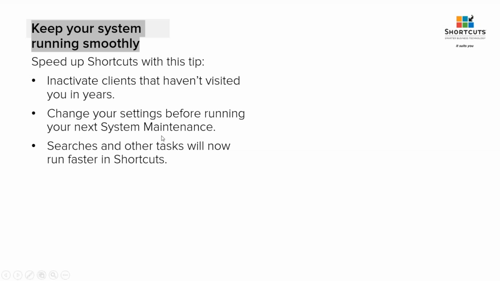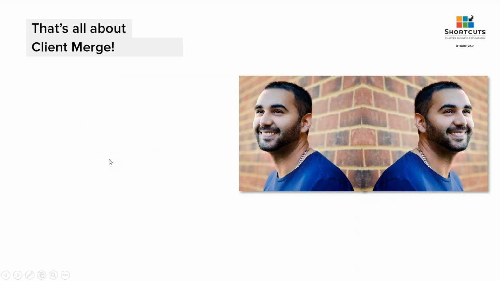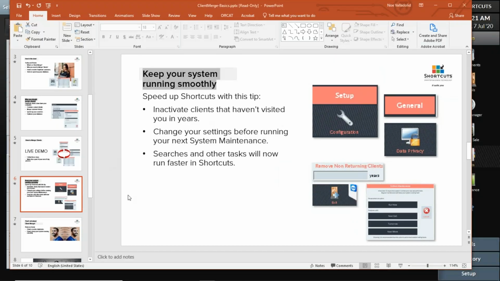The way that it works is whenever you exit Shortcuts, you may be prompted to run system maintenance. When you press Run Now, any customers past a certain year will be deactivated so that your searches go faster. So let's go back one and talk about how to do that.